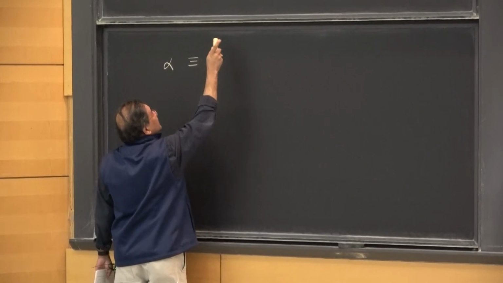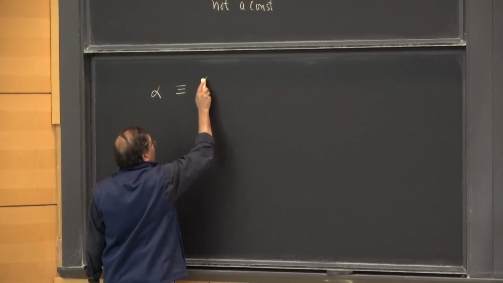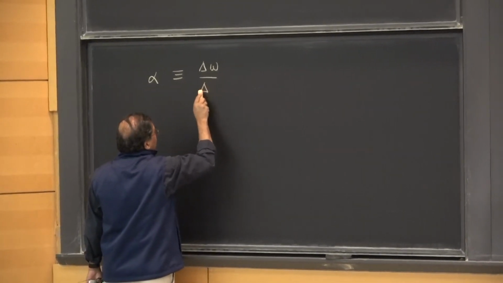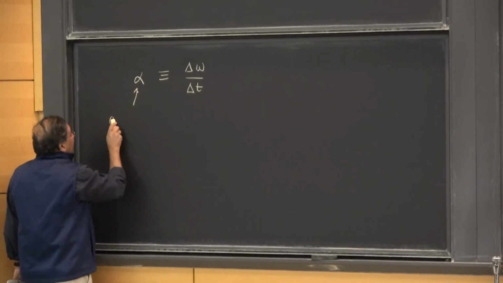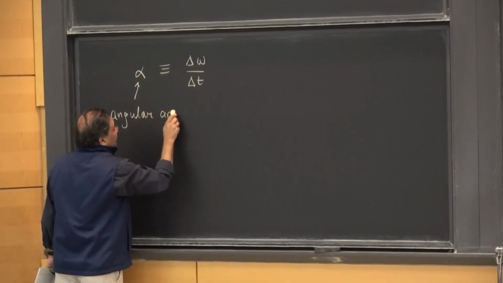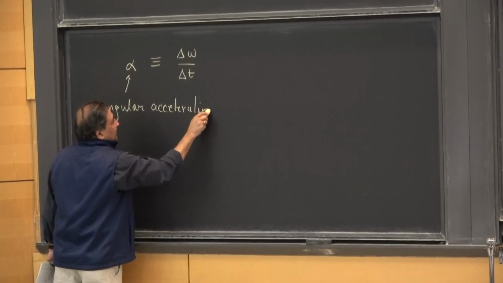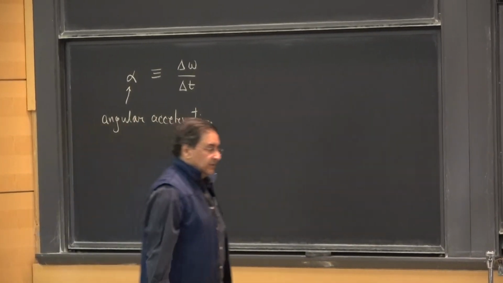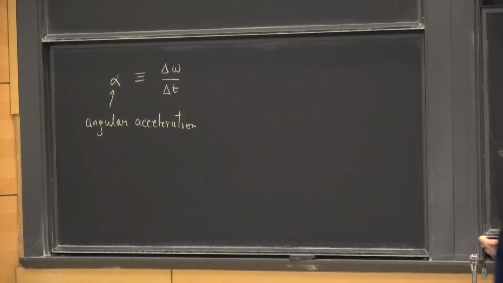Just like we have related omega to theta, alpha is defined as how much change in omega transpires, so delta of omega over some very small interval of time, delta of t, and this thing is called angular acceleration. Just like you have acceleration a in linear motion or acceleration g in linear motion, you are now talking about angular acceleration, which has to do with this rotational kinematics problem.